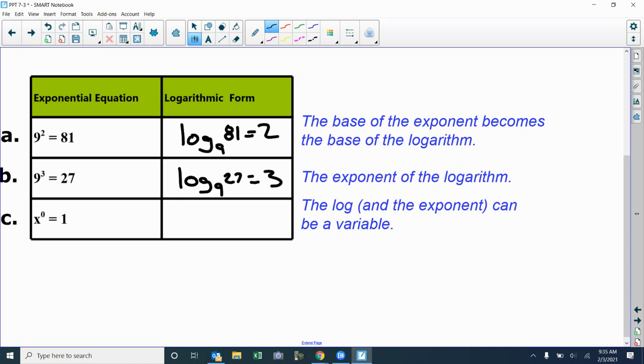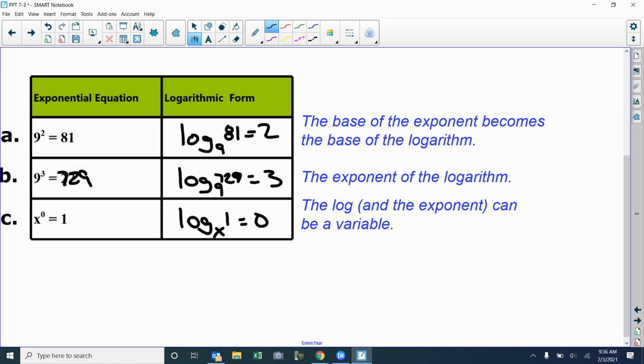Letter B is wrong. 9 to the third is not 27, by the way. So, anybody have a calculator? Put 9 to the third for me real quick, see what that is. 729, yeah. This should be 729, and that would make this 729. And this last guy would be log base x.